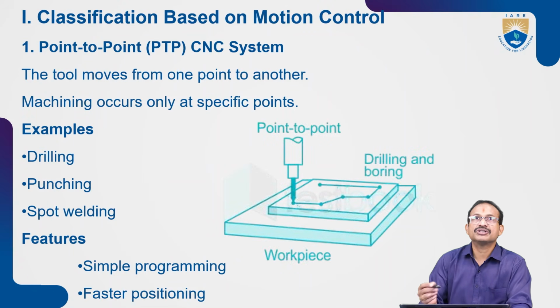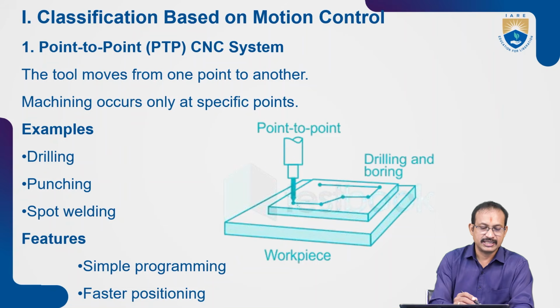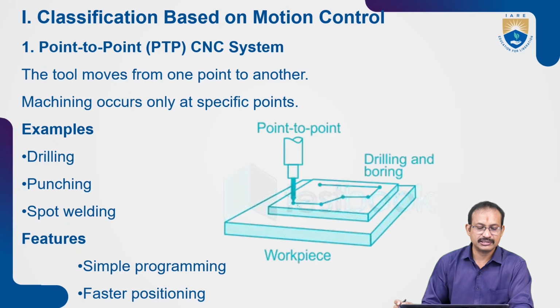Classification based on motion control: the point-to-point CNC system. The tool moves from one point to another, and machining occurs only at specific points. Take the example of drilling: I want to make one hole, then move from this point to another point to make another hole. Examples: drilling, punching, spot welding.